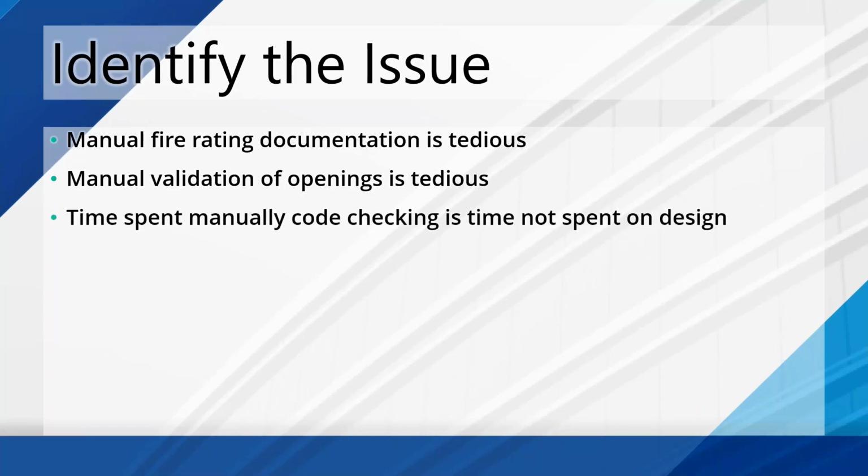The time spent manually doing any kind of code checking is effectively time not spent on your actual design. It's taking away from your design budget. The way that we often bid projects, that time is valuable, and if every week you could save 2 additional hours and put that back into the project design budget and production budget, instead of spending it on something else, that could be meaningful.